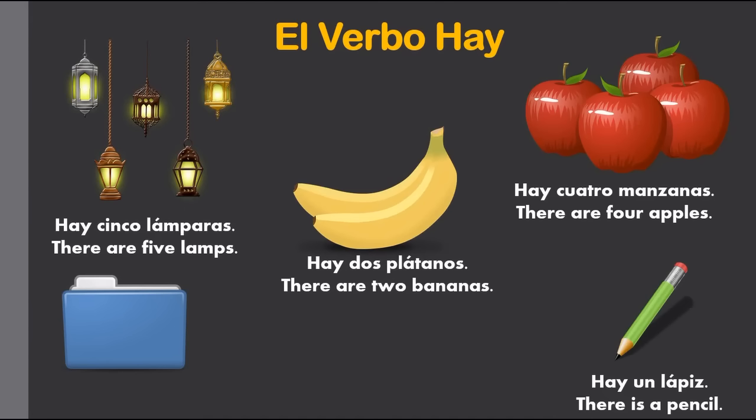Notice that when I pointed out 1 pencil, I used un instead of uno. This is because the noun lápiz is masculine and singular, and therefore the O in uno is dropped, leaving us with the indefinite article un.